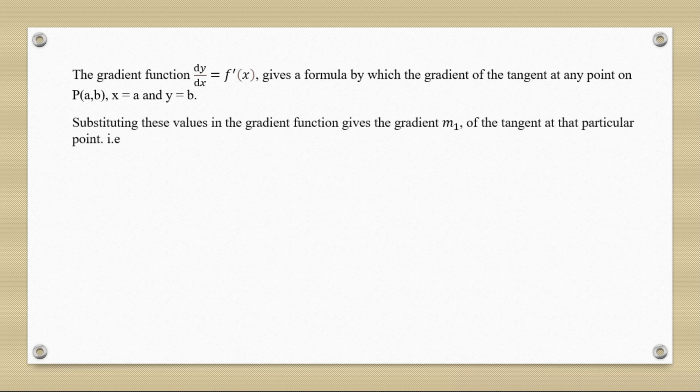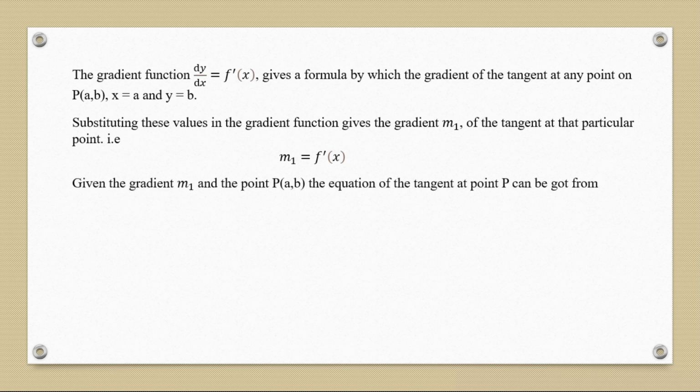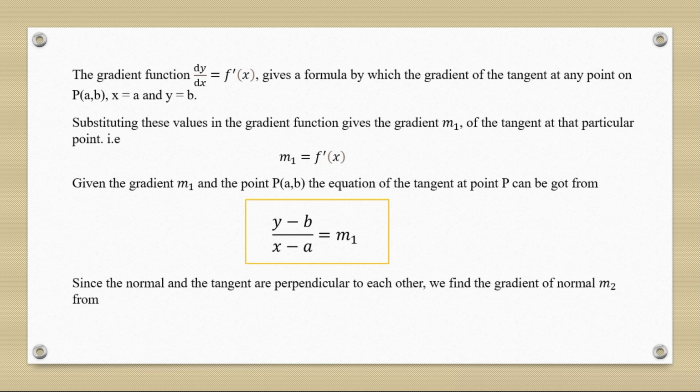Substituting these values in the gradient function gives the gradient m1 of the tangent at that particular point, so m1 = f'(a). Given the gradient m1 and the point P(a, b), the equation of the tangent at P can be found from (y - b)/(x - a) = m1.